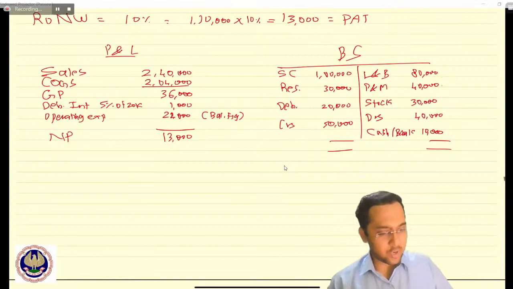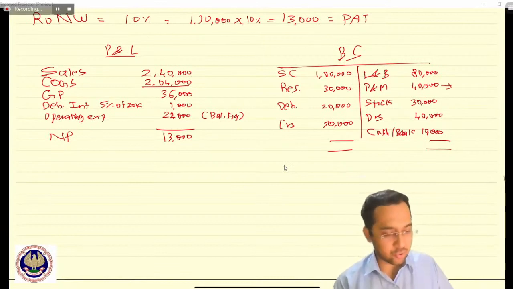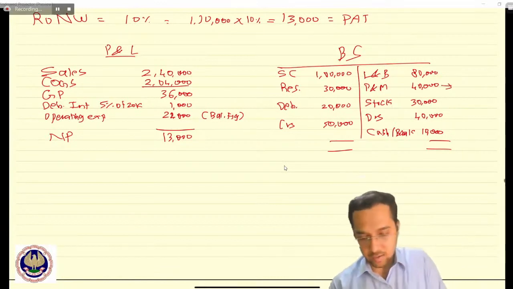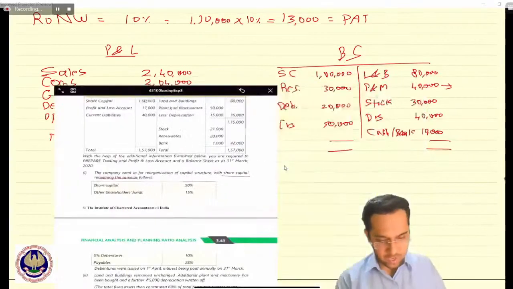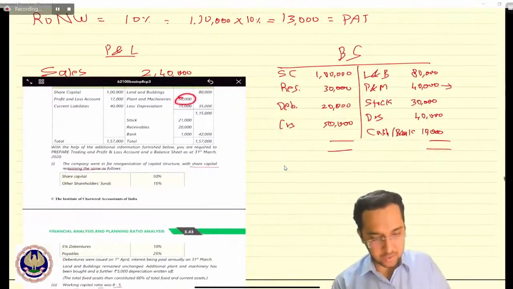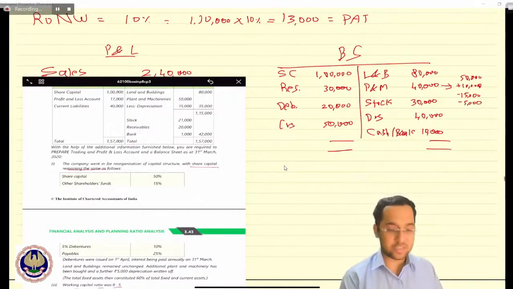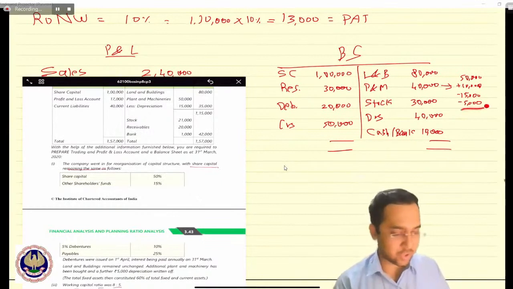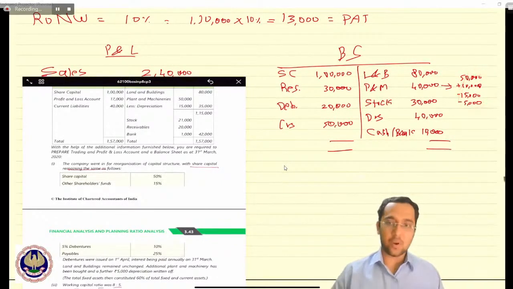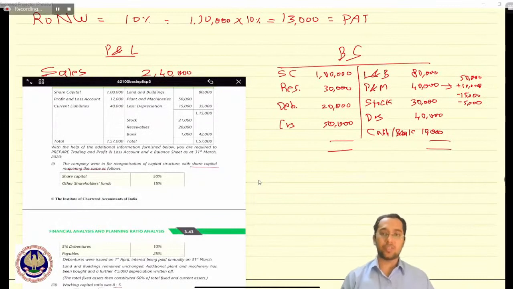You can portray this plant and machinery also like this, like we had, suppose the opening plant and machinery is 50,000, plus you purchase additional 10,000, then you reduce your earlier depreciation of 15,000 and this current year depreciation of 5,000 also. You can show it like this. So when you prepare a formal proper balance sheet, you can follow this.